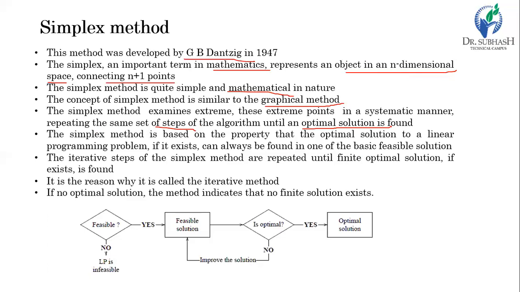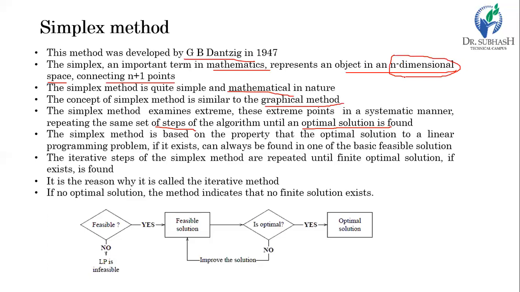So in the graphical method, what we have done is first find the feasible region, and then check for optimality at extreme points. Whereas in the simplex method, it uses a space which has n dimensions.